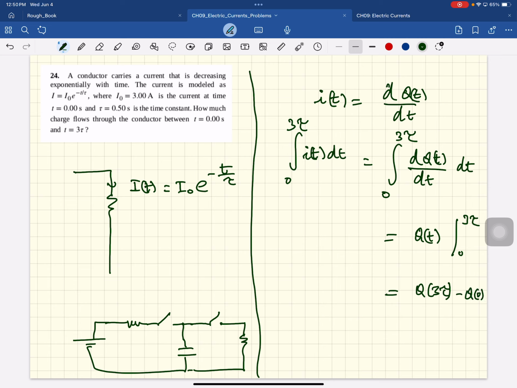Okay, so when you close the switch, no charge has flown yet.